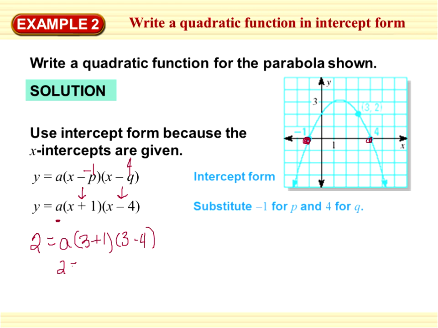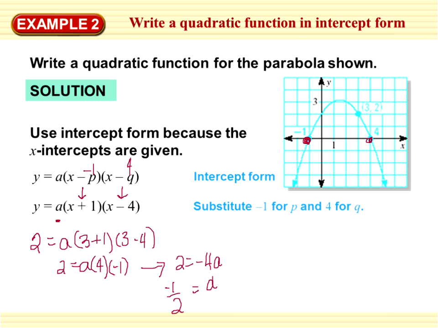So this becomes 2 is equal to a times 4 times negative 1. So this will simplify to 2 is equal to negative 4a. Once we divide by negative 4, we'll find out that a is equal to negative 1/2.